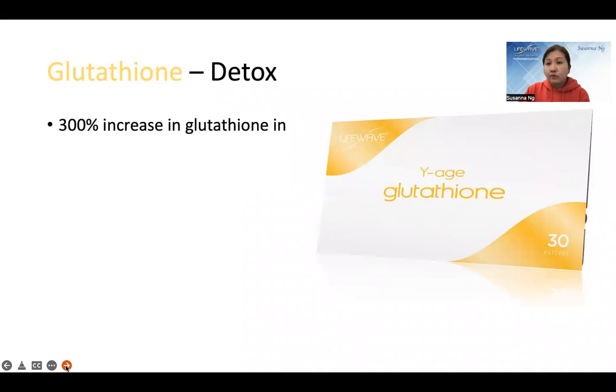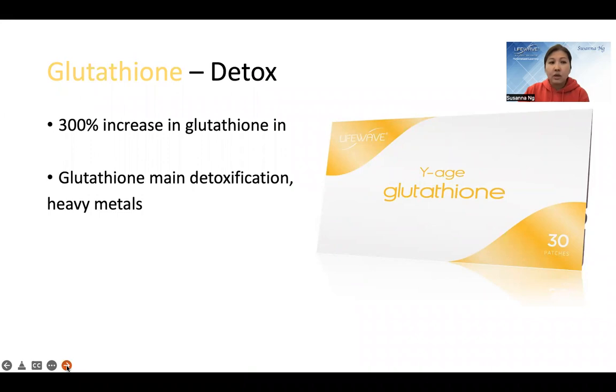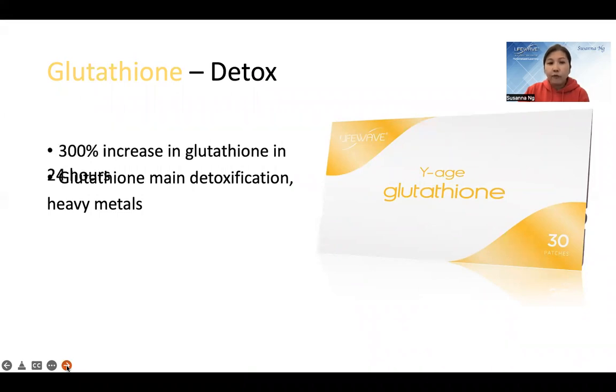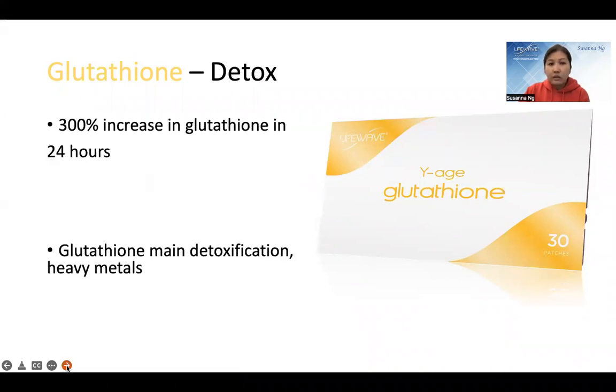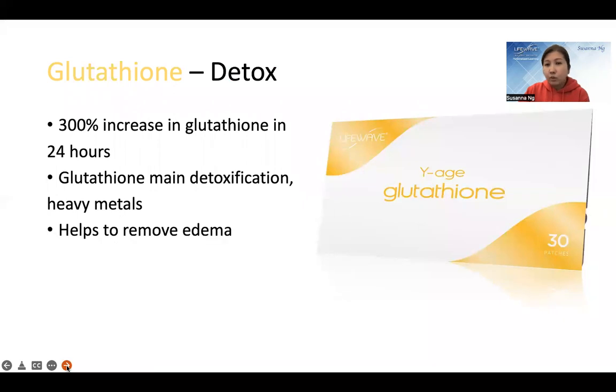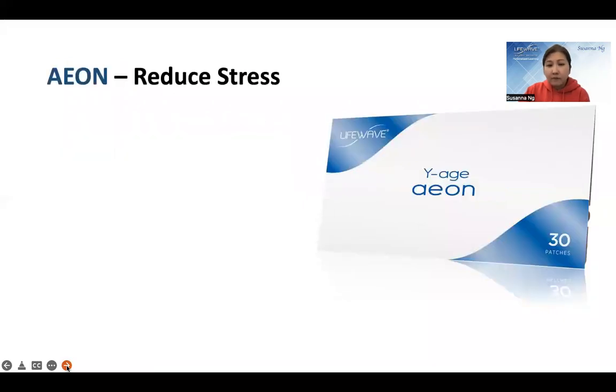One glutathione patch within 24 hours can increase 300% of glutathione in your own body. Glutathione is our main detoxification, and it can remove heavy metal. So it can also help to remove edema.